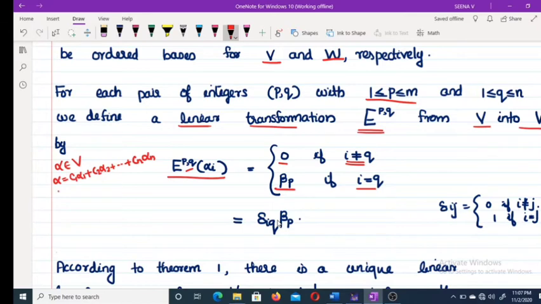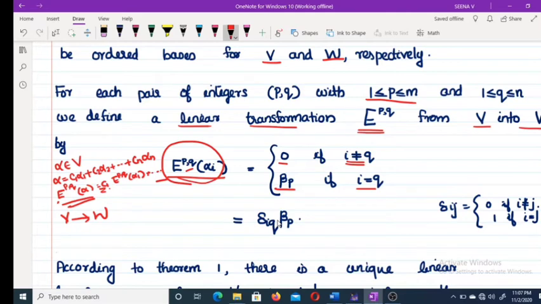And what is E^{p,q} of alpha? E^{p,q}(alpha) equals c1 E^{p,q}(alpha 1) plus and so on. So we have this result, and we can apply it here to finally get the value of E^{p,q}(alpha). Therefore, these E^{p,q} are linear transformations from V into W.